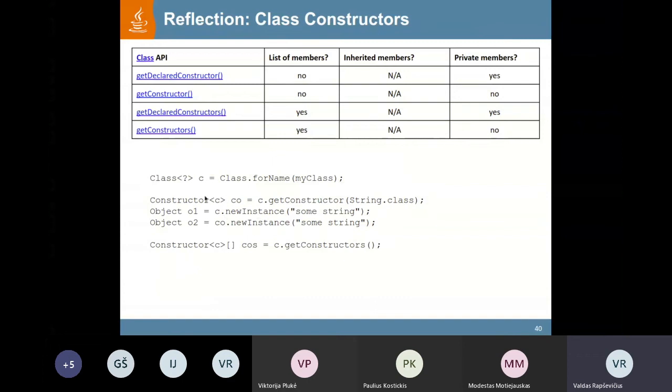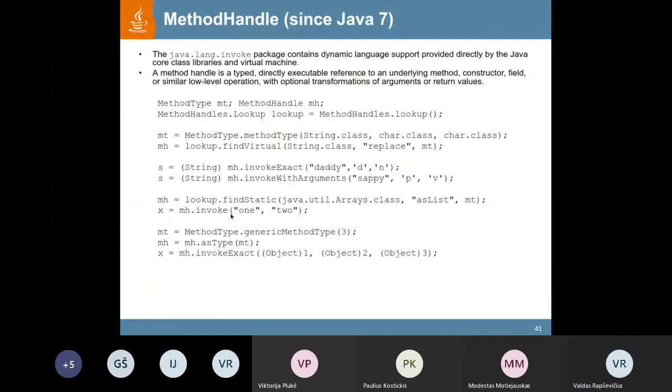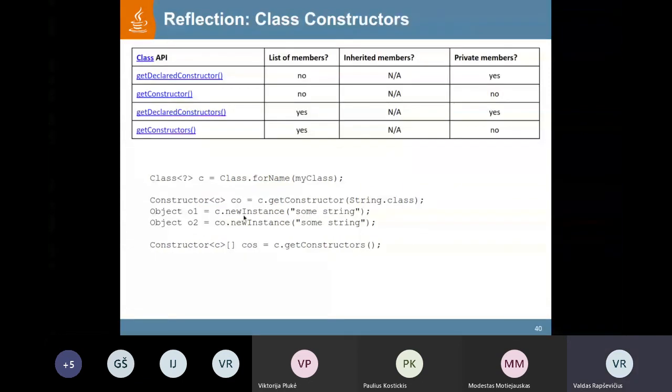So once you have the constructor, you can execute it. You can call it. This is a constructor, and this has to be CO new instance, and this is a string. Since this CO constructor had one string argument as a parameter, it should be CO new instance.